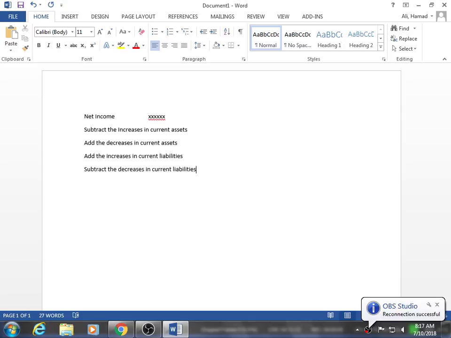Okay, number 3: purchased plant assets in the amount of 120,000. So that's outflow. See how it's listed? Purchased plant assets, 120,000 as negative. And then the fourth one: sold for $5,000 plant assets that cost 10,000 and had accumulated depreciation of 2,000.